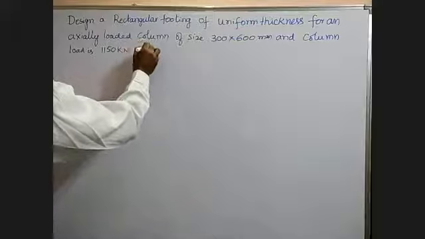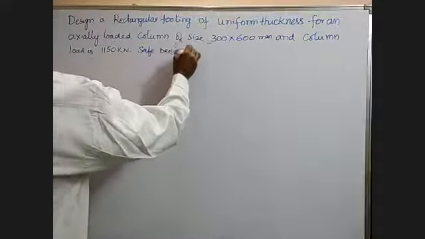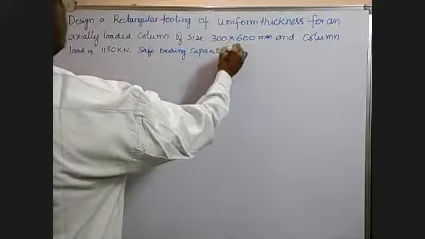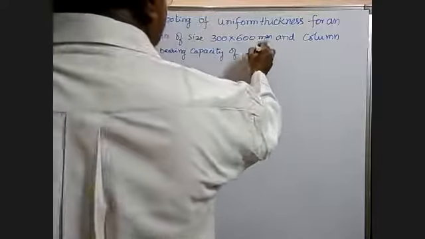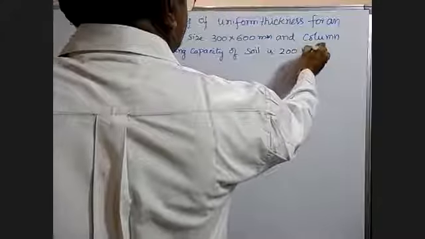Safe bearing capacity of soil is 200 kilonewton per meter square.